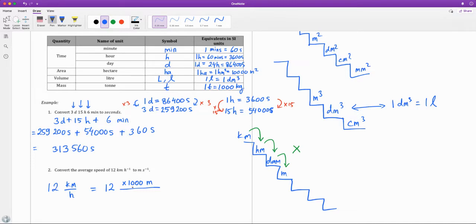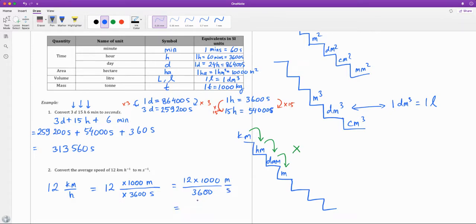And then for hour to seconds, 1 hour equals to 3,600 seconds. So 12 times 1,000 divided by 3,600. Here's meter per second.